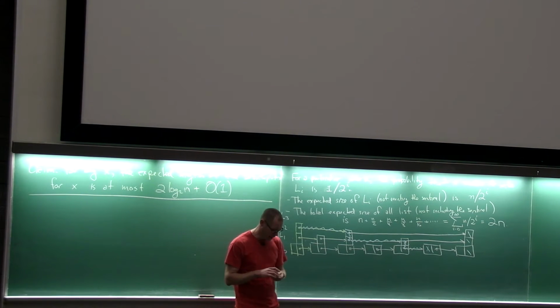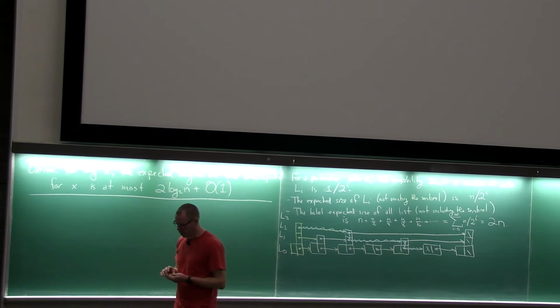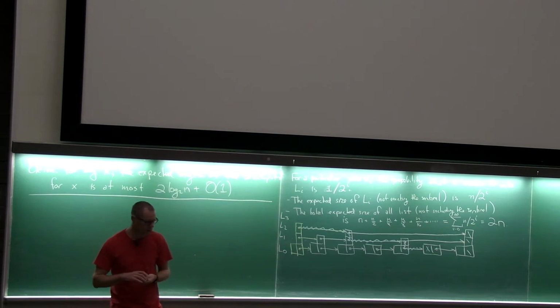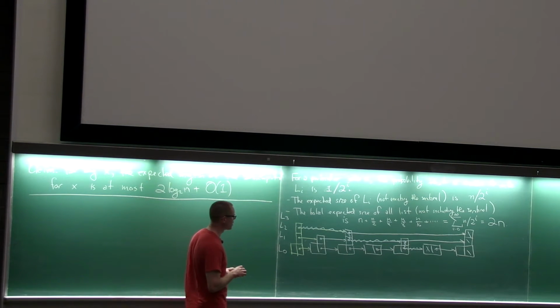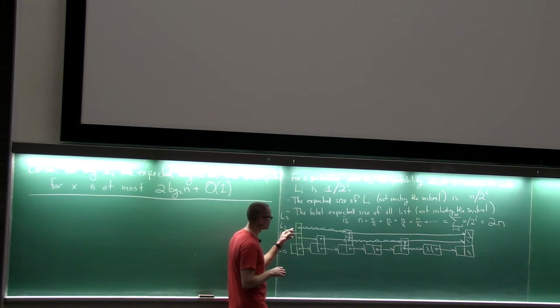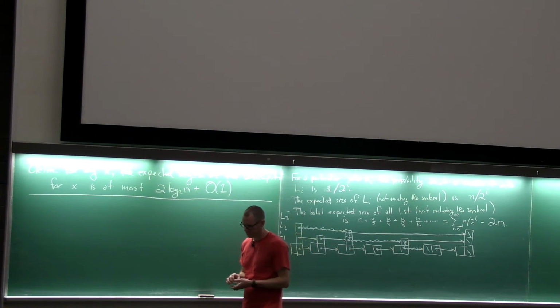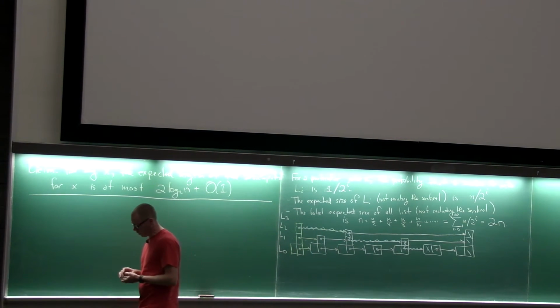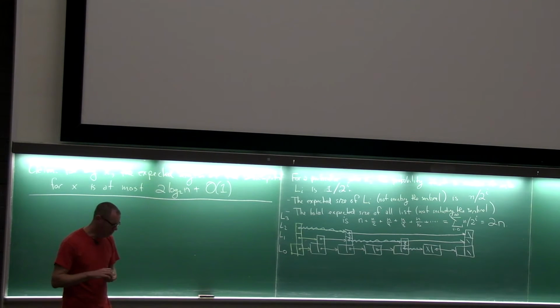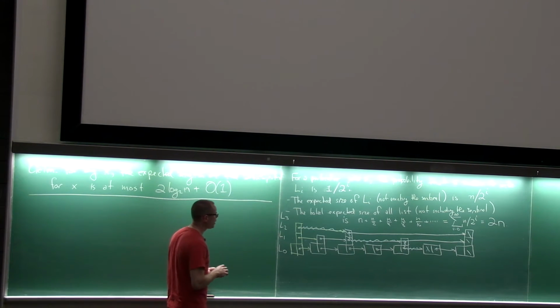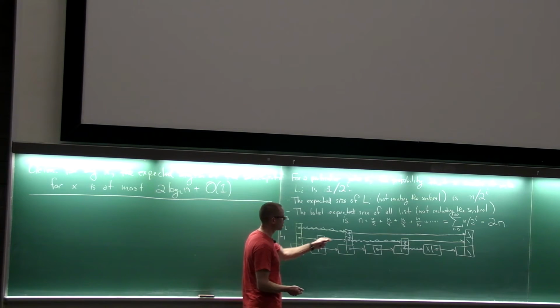So we want to analyze the length of this search path. So the search path has a couple of components. Sometimes the search path goes right, and sometimes it goes down. So maybe we can start by analyzing how many times the search path takes a step down.